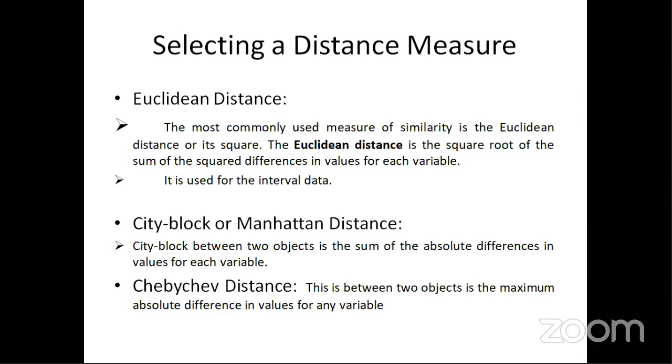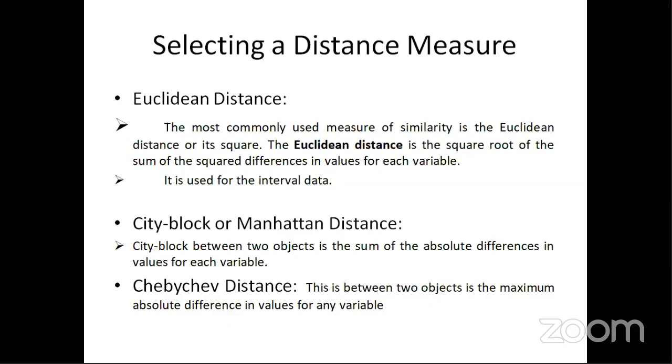Please do not bother about these different types of methods. Here I have written so many methods, right? We have the same use for all these methods. You can select any method, or you can go for all methods, conduct your cluster analysis, and after that you can compare your result.